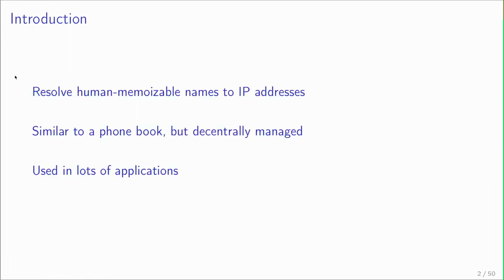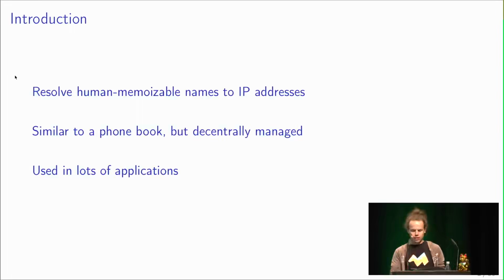So it's basically very similar to a phone book. You may know it from the old days. It's a piece of paper or a real book where you can look up a human name and find their phone number in a specific city. But DNS is actually not as static as a phone book, but it is decentrally managed.